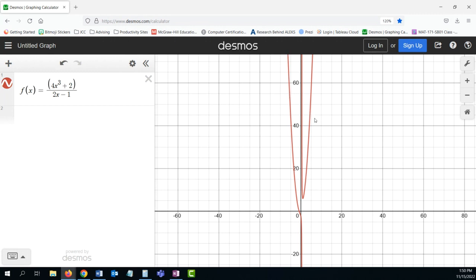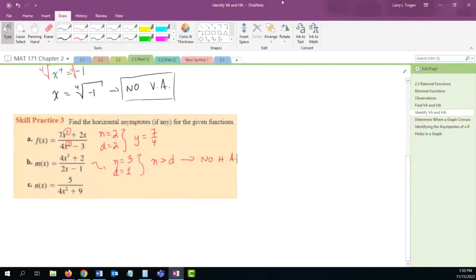As x goes to positive infinity, it's chasing that side. So it's a weird case. And if you'll notice, we were not asked to find slant asymptotes, which is why I didn't do any more work than was asked of me.